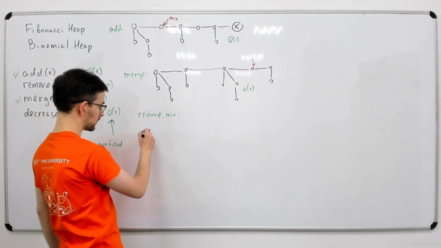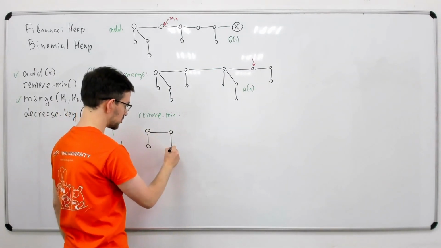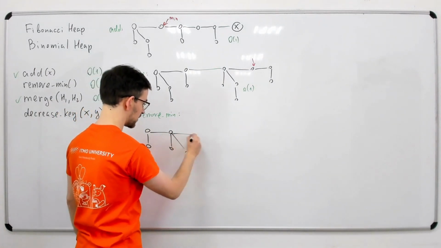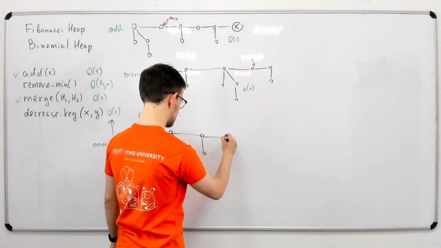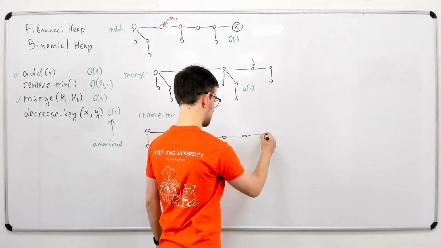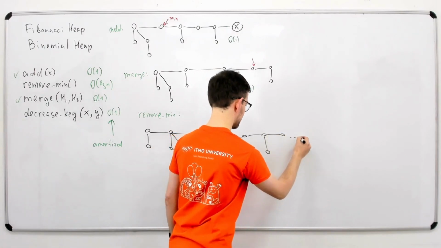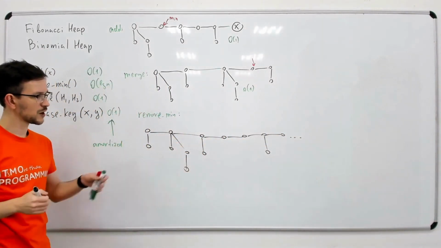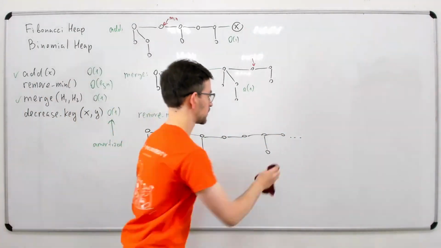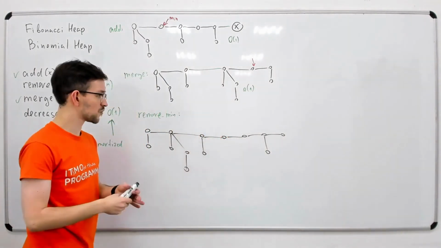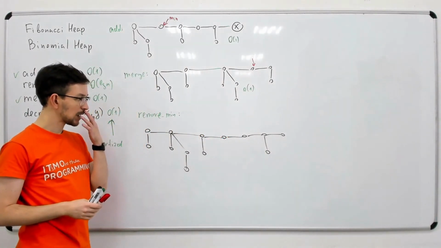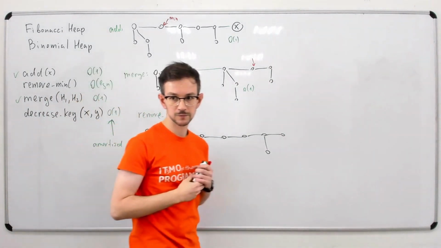So you have some strange, very unbalanced Fibonacci heap, with one more element, and another element here, and so on. This is your Fibonacci heap at this point. And you need to find the minimal element.